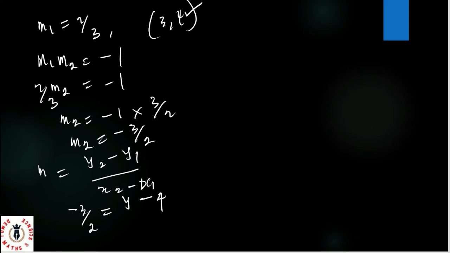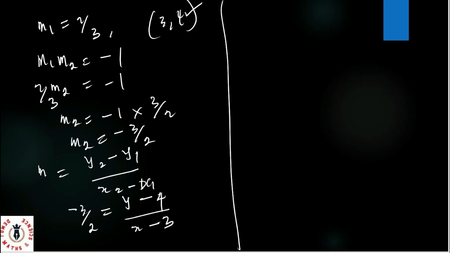Now remember that m is the same thing as y2 minus y1 over x2 minus x1. So minus 3 over 2 will be the same thing as y minus 4, all over x minus 3.